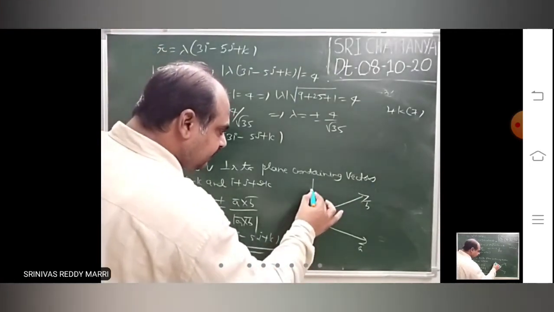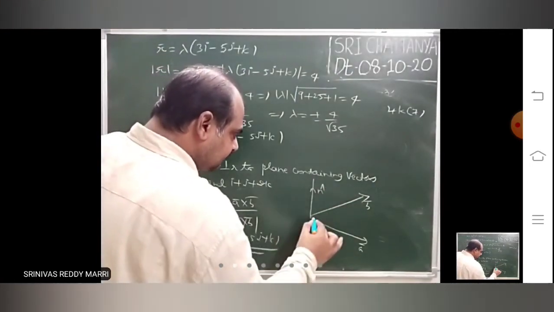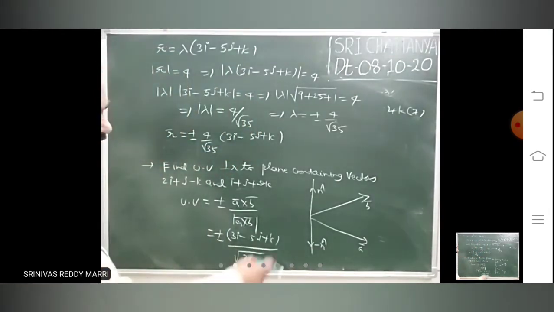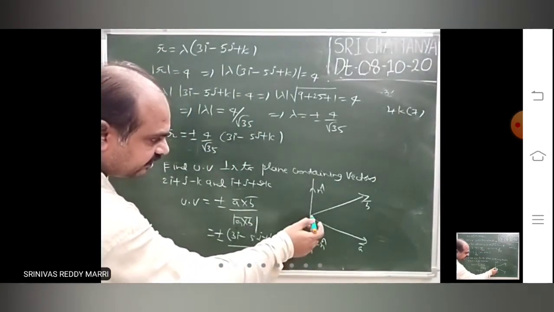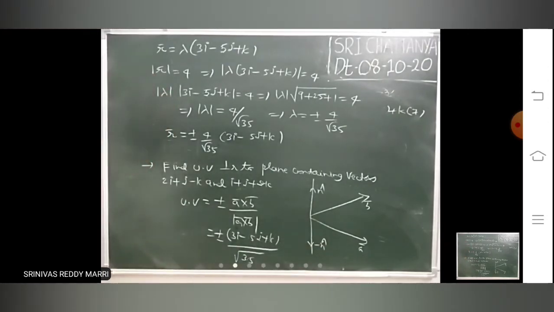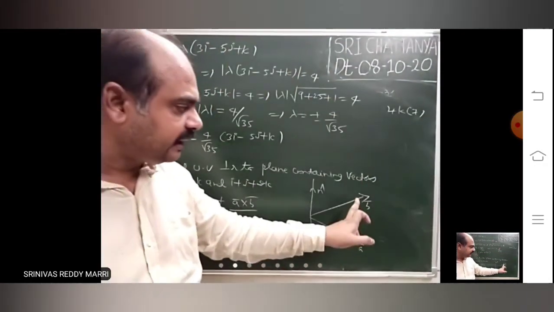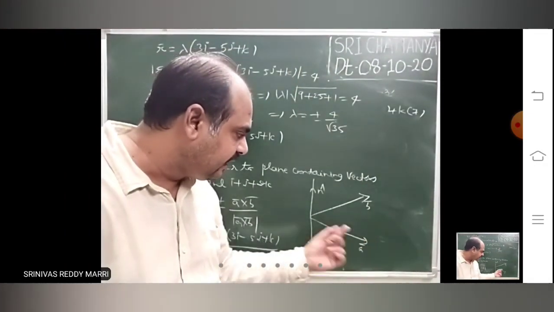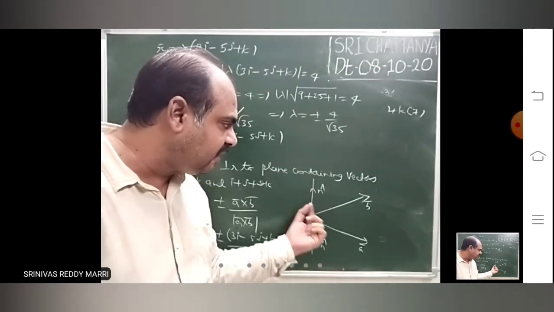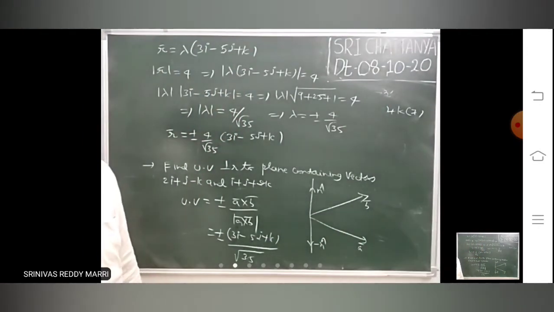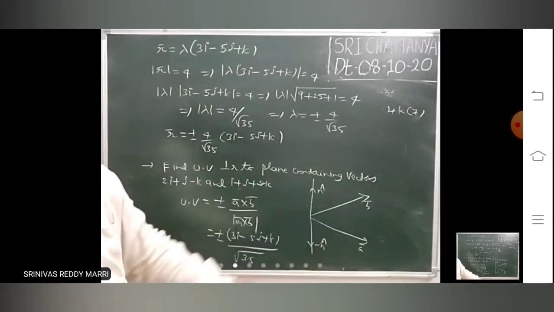That means one unit vector will be in this direction, another unit vector will be in this direction. Both unit vectors will be in the direction perpendicular to A bar and B bar. Like that, if two vectors are there in the plane, on your paper, you can find unit vectors along your pen. Those are unit vectors perpendicular to the plane, perpendicular to your paper.